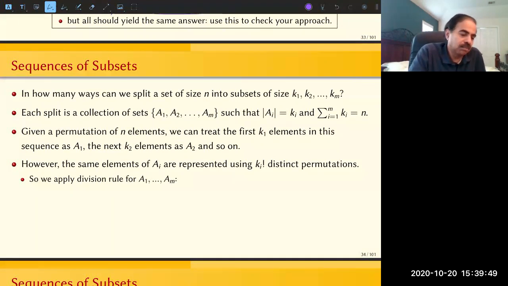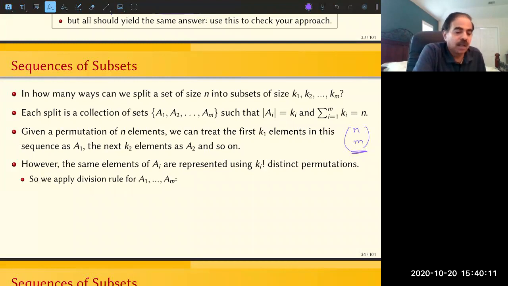So we were talking about the n choose m problem, where you start with a set of size n, and you want to choose a subset of size m. And we said, okay, so there are n choose m ways of doing that.